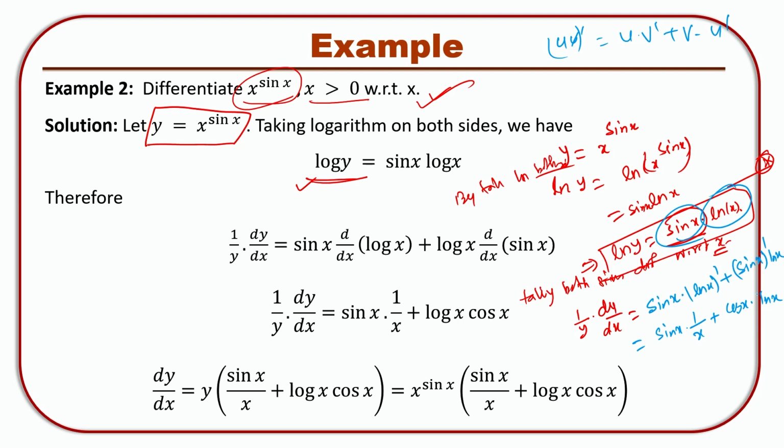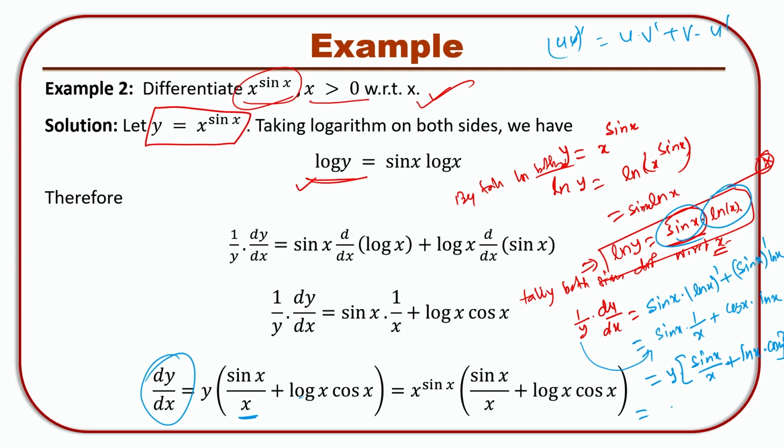Now simplify the whole thing. That means take the 1 by y to the other side. You will find dy by dx. Dy by dx is y into sine x by x plus ln x into cos of x.